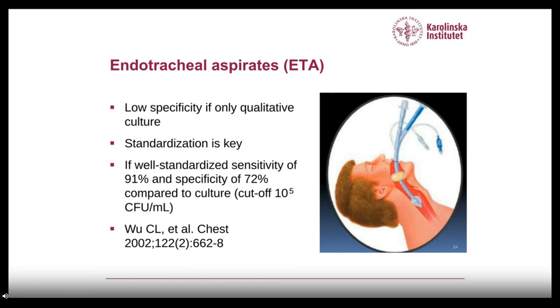The standardization is a key challenge with this sample type, since frequently people will use it in many different forms. And it has very good performance, both in terms of sensitivity and specificity compared to other samples like, for instance, PSP, if you use a cutoff of 10^5 CFU per ml.